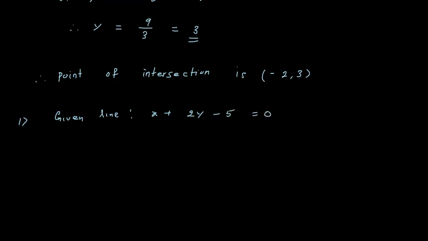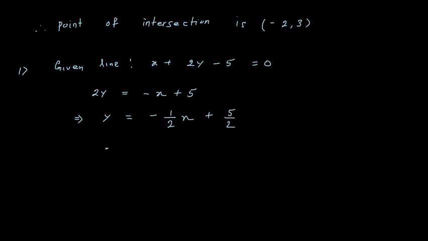This will give me 2y equal to minus x plus 5, and this will give me y equal to minus 1 divided by 2 times x plus 5 divided by 2. So here we get slope is equal to minus 1 by 2.